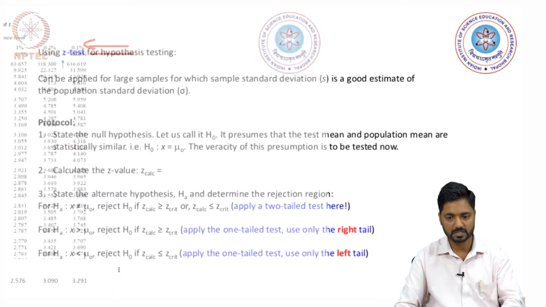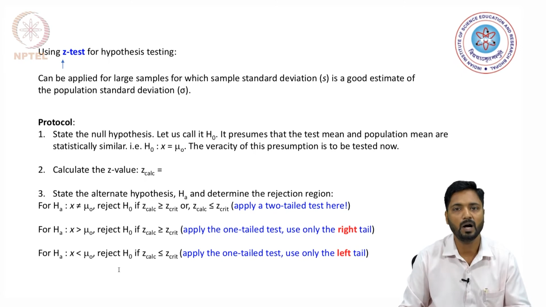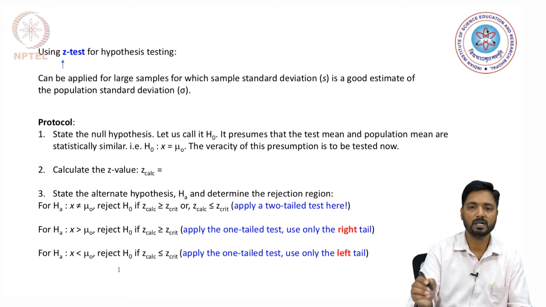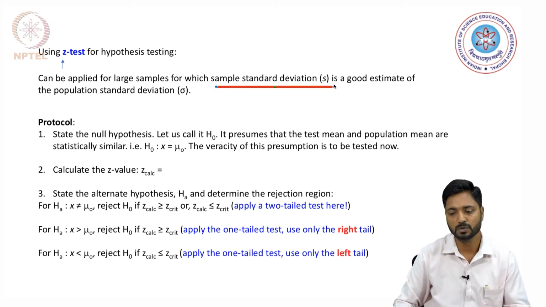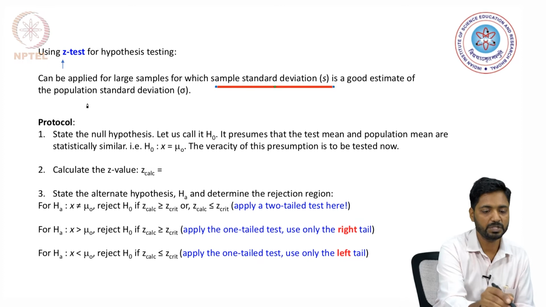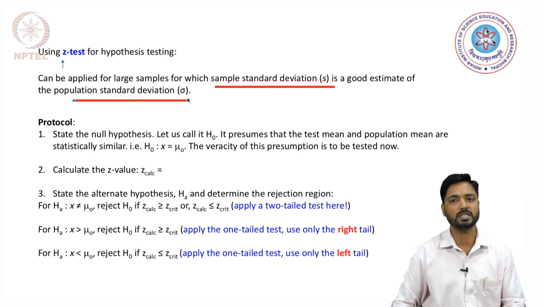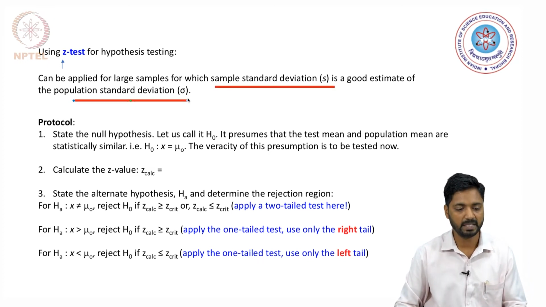Now, let us see how z-test can be applied for hypothesis testing. So, it has to be clearly understood that when the sample standard deviation is a good estimate of the population standard deviation, that is when the z-test can be applied.